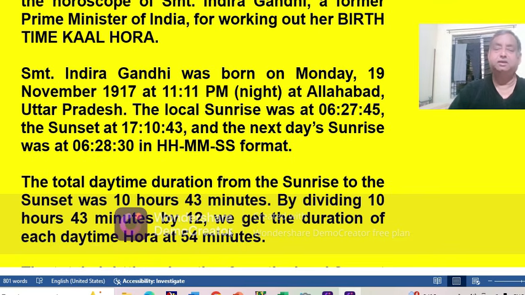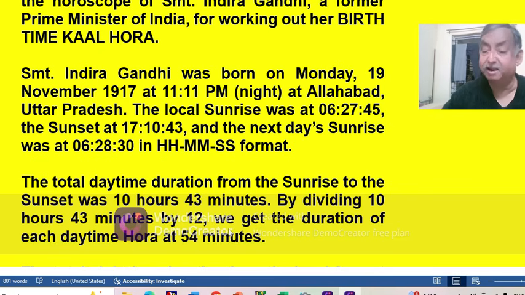Srimati Indira Gandhi was born on Monday. It is important. Calendar day. Monday, 19th November 1917 at 11:11 p.m. night at Allahabad, Uttar Pradesh.